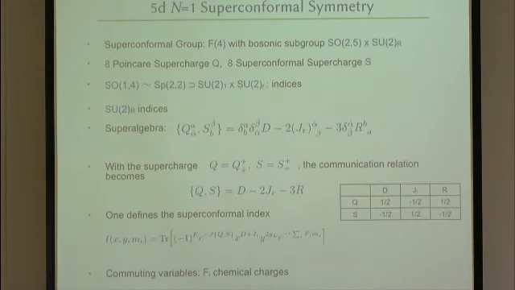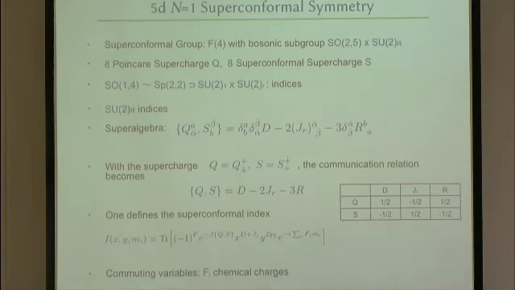Right, so 5D N=1 superconformal symmetry has been studied many times, and the superconformal symmetry is called F(4), whose bosonic subgroup is made of the bosonic conformal symmetry SO(2,5) and then SU(2) R symmetry.